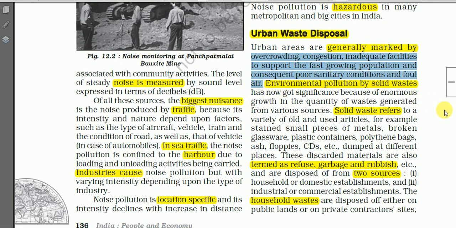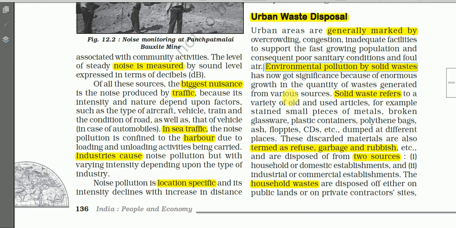Urban areas in India are generally marked by overcrowding, congestion of traffic, inadequate facilities to support the fast-growing population in the big cities, and consequent poor sanitary conditions and foul air, meaning polluted air in the big cities.